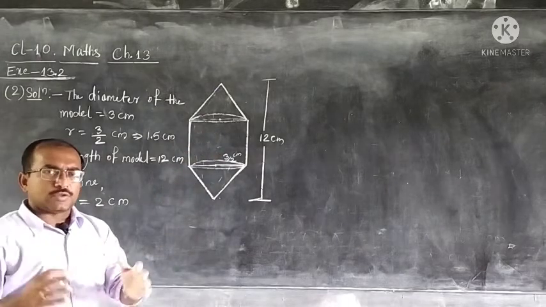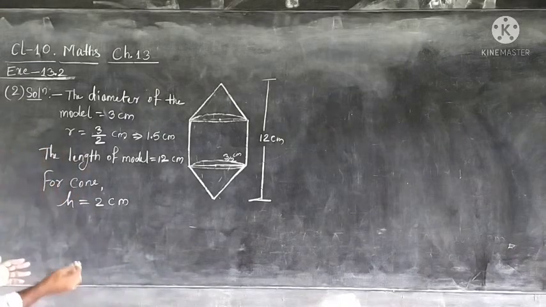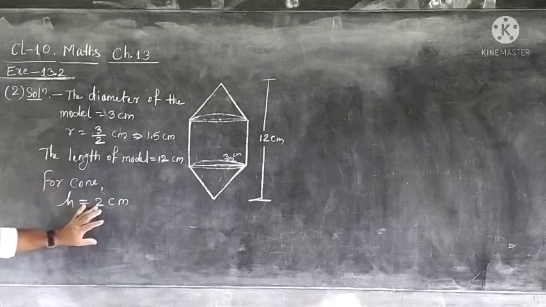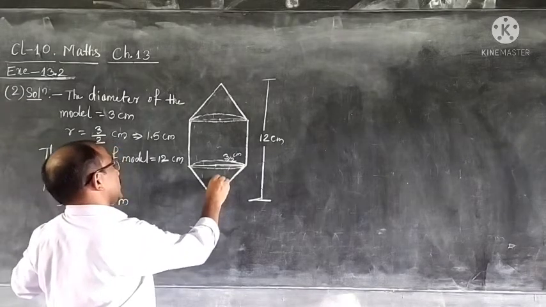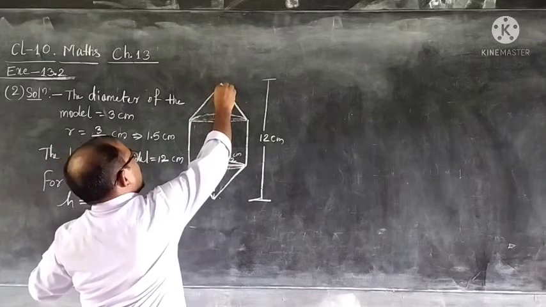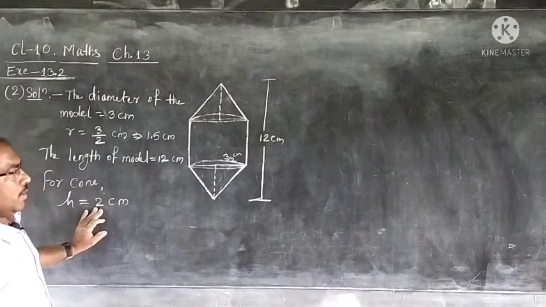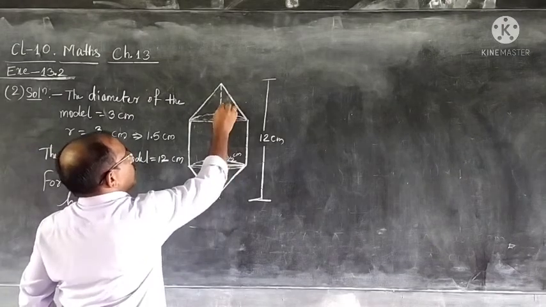So, that means air also will have the same shape. We know all about this. Thing is that two portions are there, conical portion, height is 2. So, let us see this height, understand from the figure. This is 2, from here also 2. Is it clear? 2 centimeter, this also 2 centimeter.